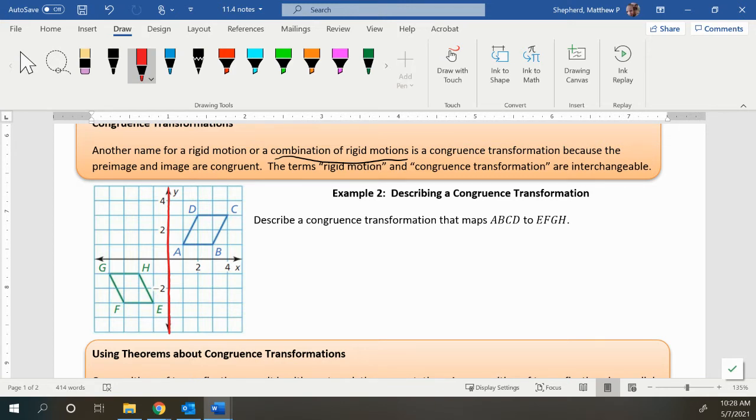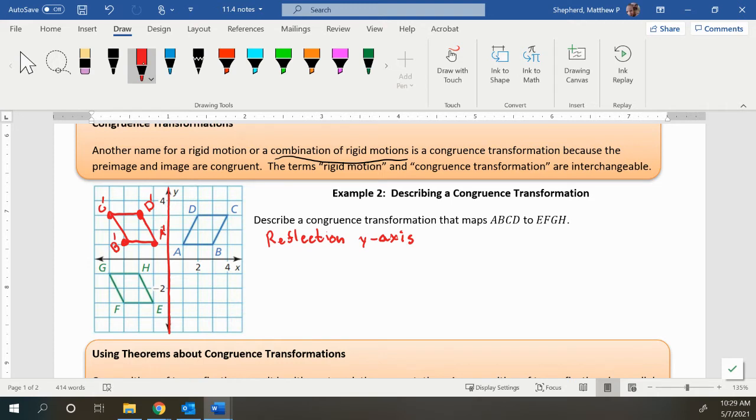So first, I'm going to start with a reflection. Okay, and that reflection off of the y-axis. And so as I reflect, A goes there, D, C, B. All right, and there's my reflection.